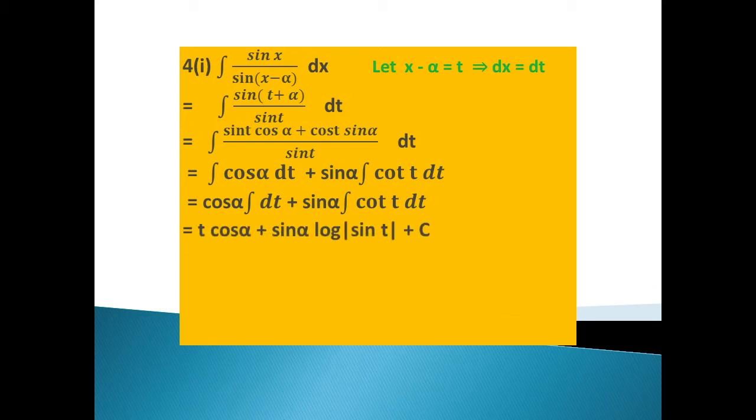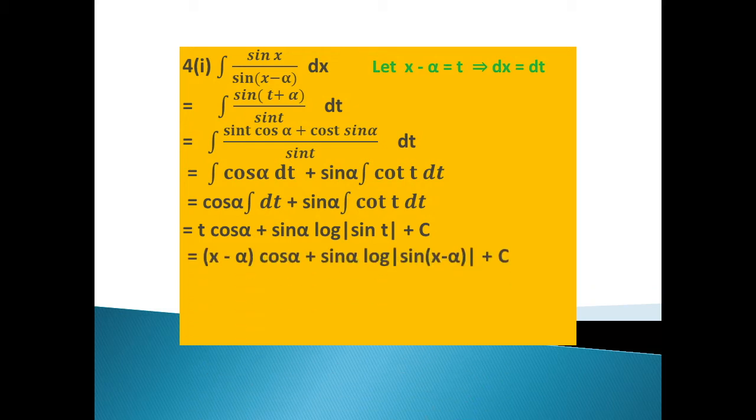Now when I do the integration, I get cos alpha as a multiplier and integration of 1 dt would be just t, and the other one sine alpha remains as sine alpha, and integration of cot t is log of mod of sine t plus the c, which is the constant of integration.